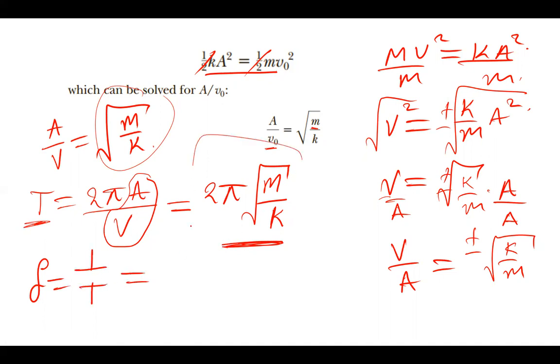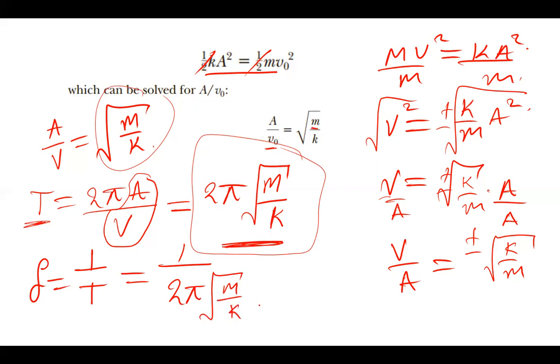So if the formula for the period is that, we're going to have 1 over 2 pi, and then everything divided by the square root of M over K. When we simplify this, we'll have 1 over 2 pi times the square root of K over M. When we bring this to the other side, the M and K should switch. So you have K over M.